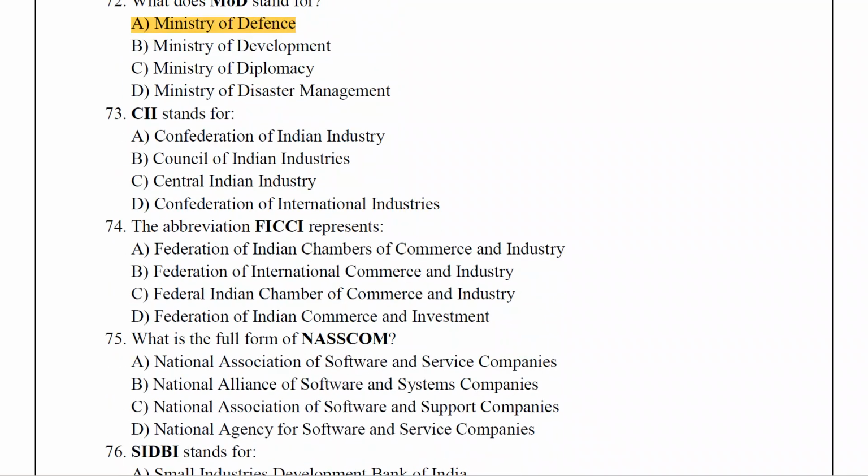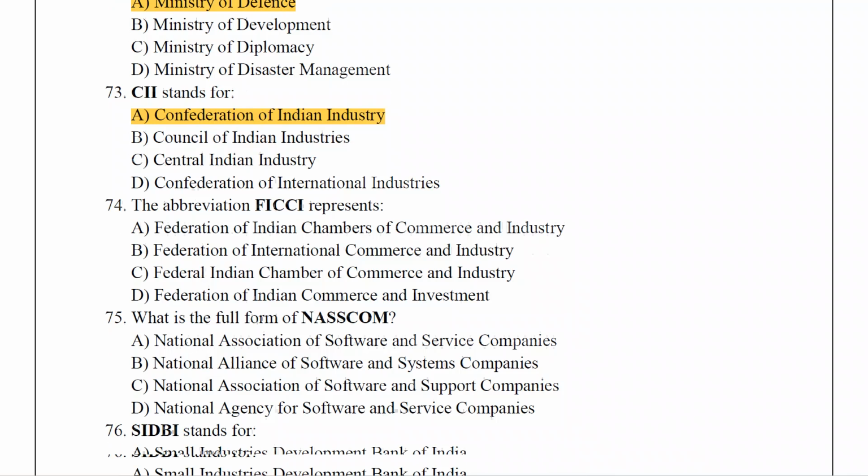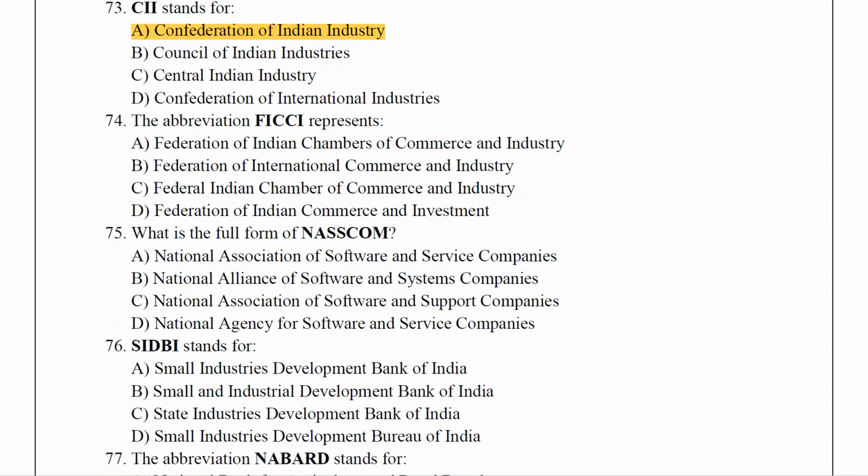CII stands for Confederation of Indian Industry. The abbreviation FICCI represents Federation of Indian Chambers of Commerce and Industry.